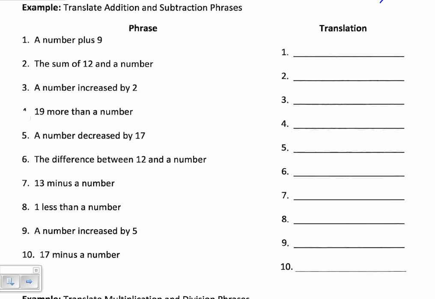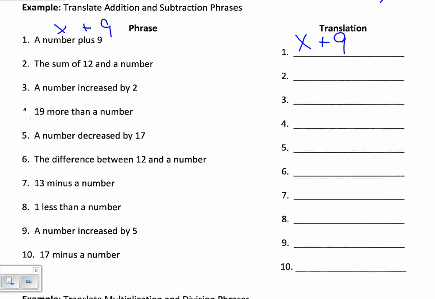What does the word plus mean? It means to add. And I know what 9 is. So the phrase, a number plus 9, translates to x plus 9. I go through each section of the phrase and I see what it's asking for.